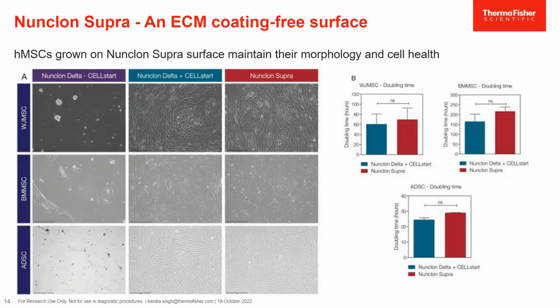We also checked the viability of the cells grown on these surfaces, and in all the cases, the viability was above 95%. So this set of data told us that the MSCs can be grown properly on Nunclon Supra Surface, and their morphology and cell health is preserved on this surface.